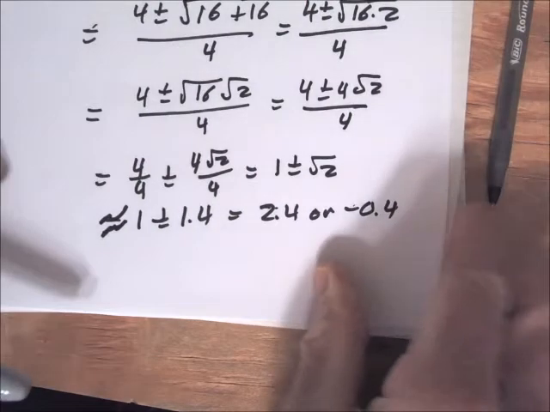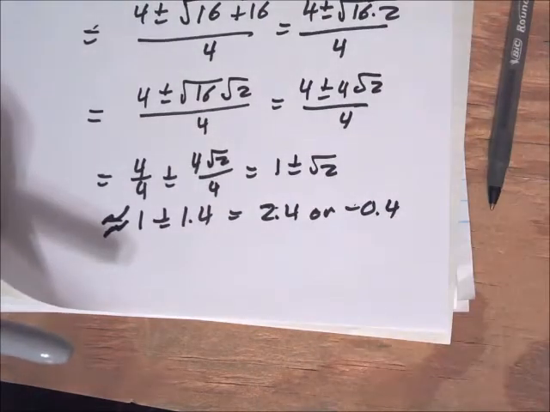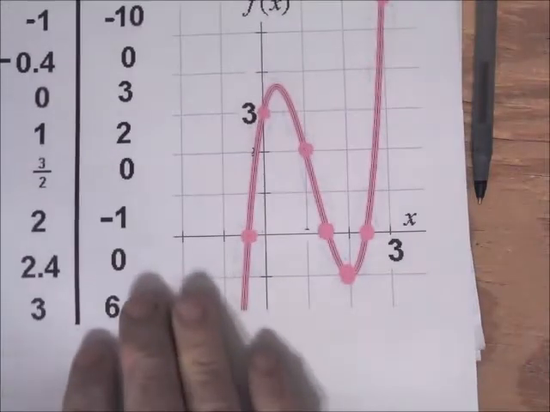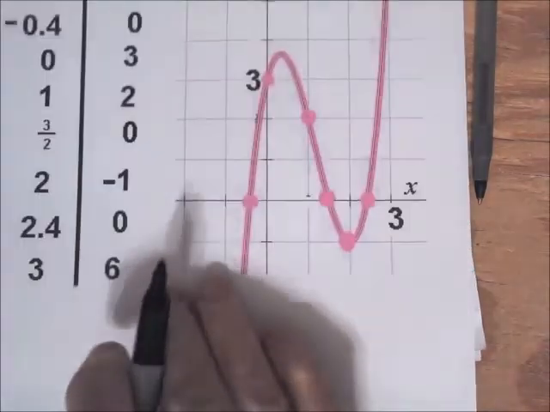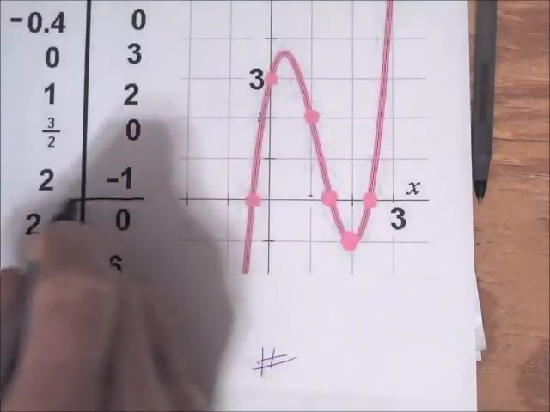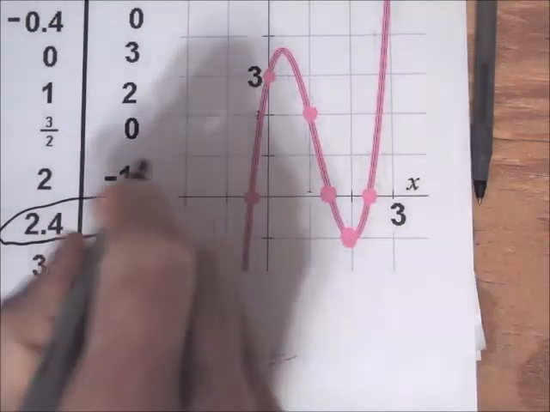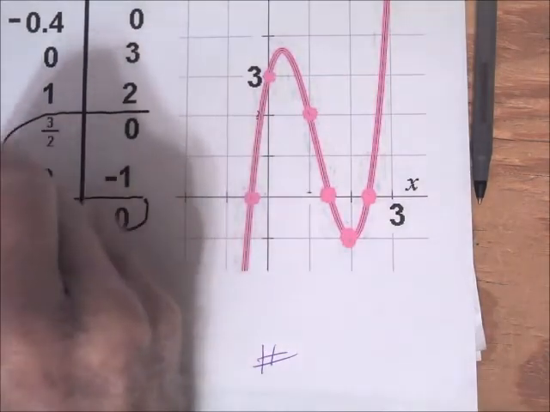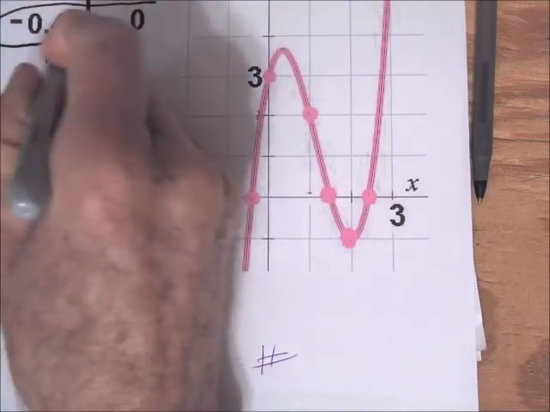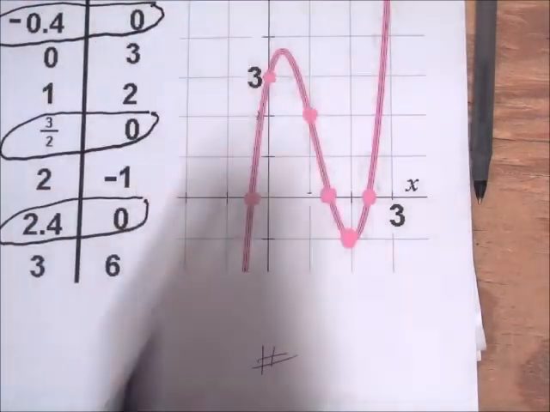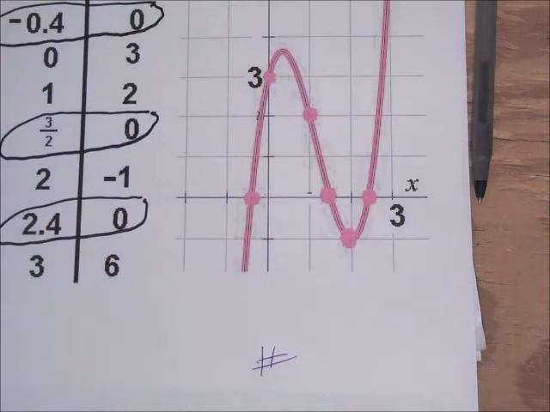Okay, so then we can plot the points, and we have the 3 x-intercepts here. It's good to plot some points on either side of the intercepts to get the full shape of the graph. Most of this information we already computed when we did the synthetic division.